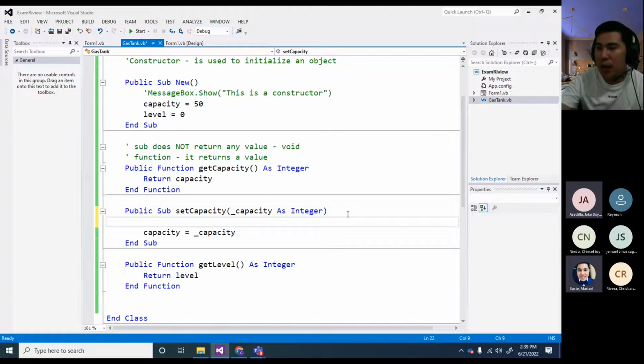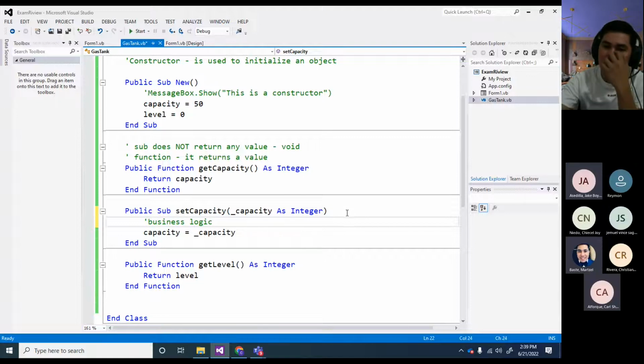So this is what we call now business logic. Okay?